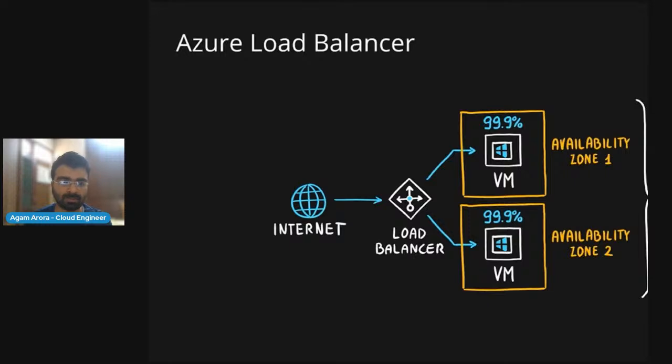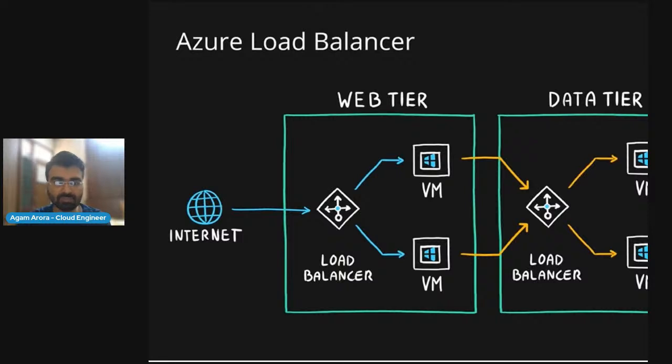So just to maintain the availability of the virtual machines, this is used, and we can create different rules inside the load balancer options. We can also create different options for the load balancer in the environment.